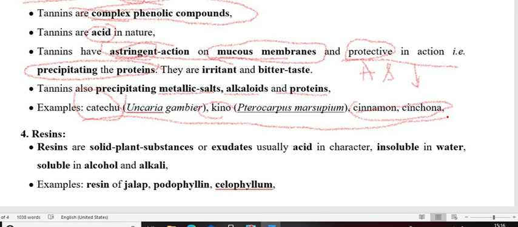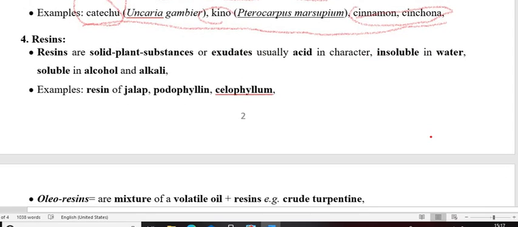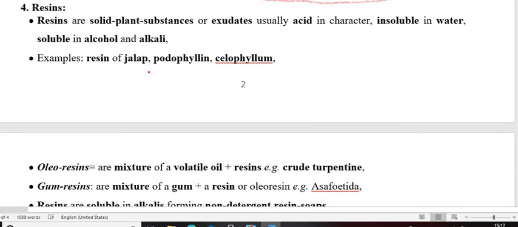Now we have to discuss another component of drugs, resins. So what are resins? Resins are also isolated from plant sources and are usually solid in nature. This is a very important property, and they are also isolated as exudates.